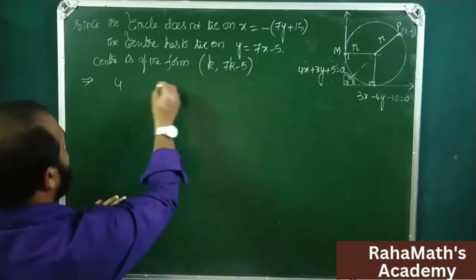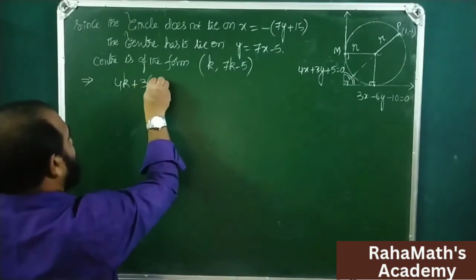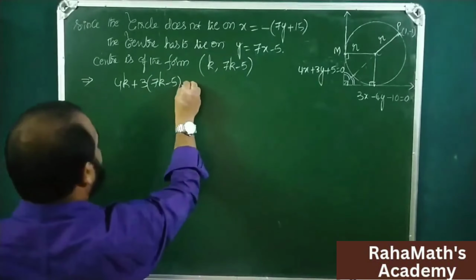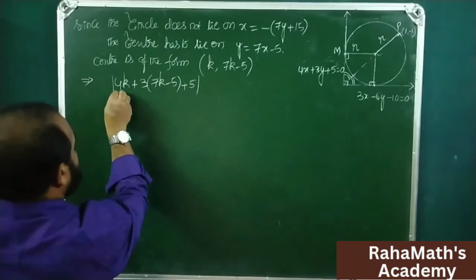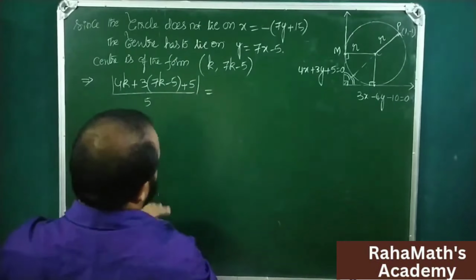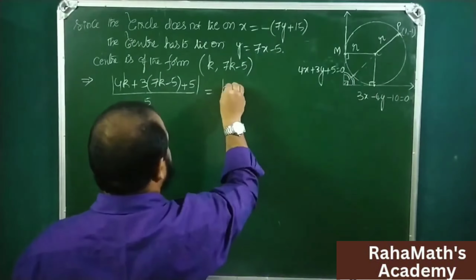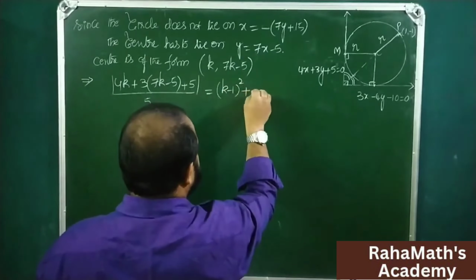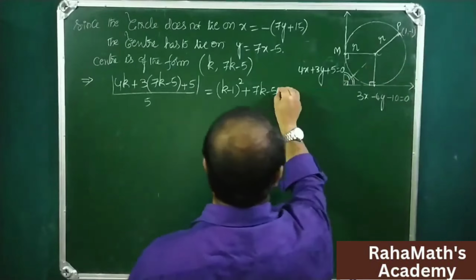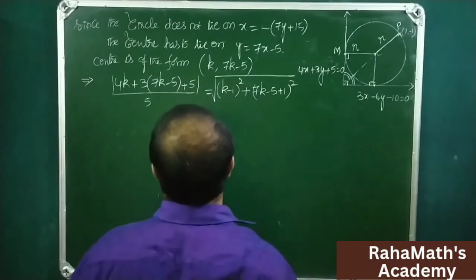So 4k plus 3 into 7k minus 5 plus 5 by square root of 4 square plus 3 square, root 25, 5, is equal to square root of k minus 1 whole square plus 7k minus 5 minus of minus plus 1 whole square.